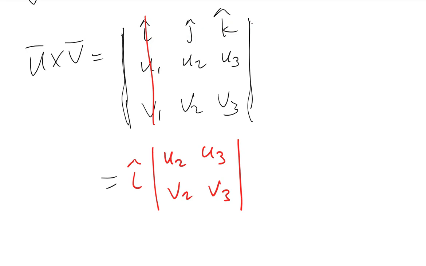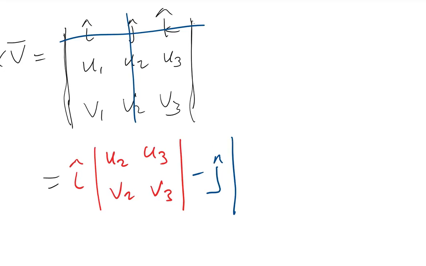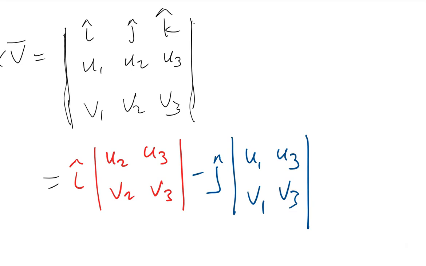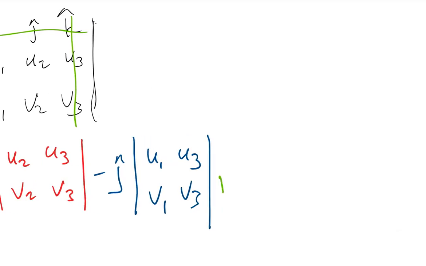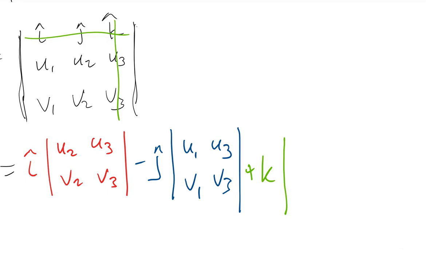All right, and now we're going to look at the J part, but J we're going to make negative, so negative J, and we cross out the row and column that J is in, so that'll be U1, U3, V1, V3, and now K, we cross out the row and column that K is in, so plus K, and we write out what was left over, U1, U2, V1, V2.